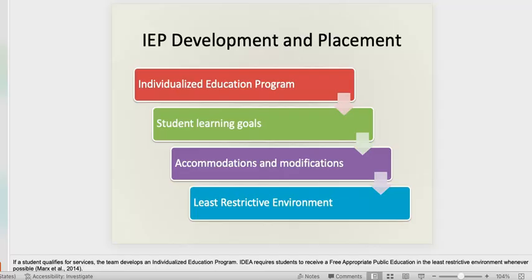The team also determines the most appropriate educational placement for the student. IDEA requires that students with disabilities be educated in the least restrictive environment whenever possible, meaning they should learn alongside peers without disabilities when appropriate supports can be provided. Marks, 2014.